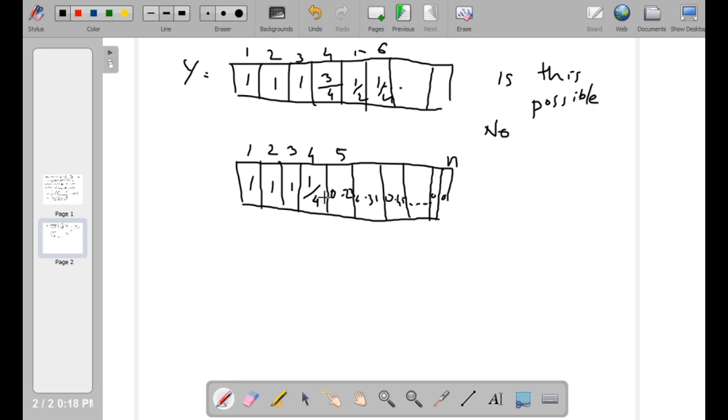So there is capacity, so he can pick the remaining items, some small quantities of remaining items. This is possible. Then let us check another possibility.